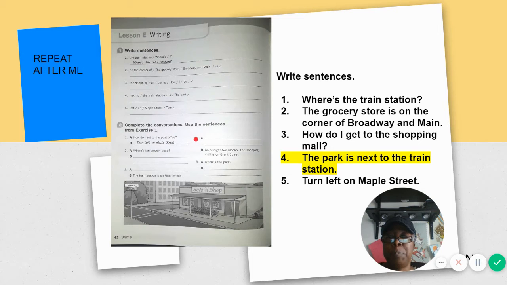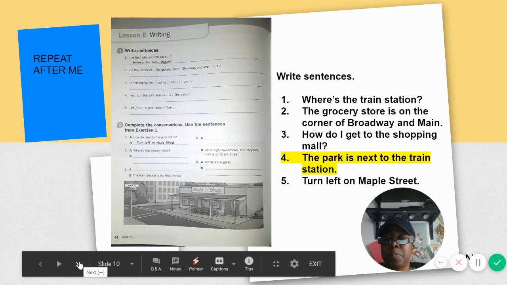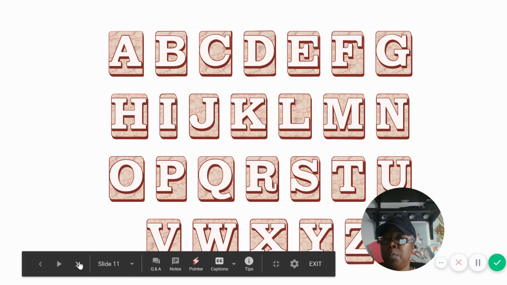All right, number 4. Again, we don't have a question here, but we do have an answer. And the answer is go straight 2 blocks. The shopping mall is on Grant Street. So what would the question be for number 4?